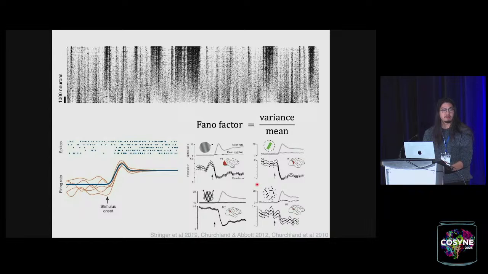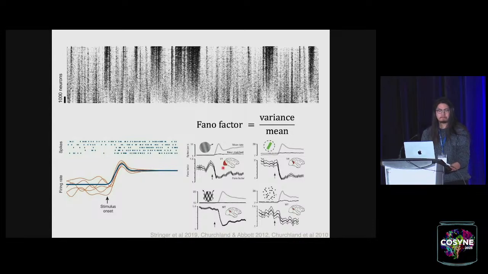We actually see the stimulus-driven quenching of neural variability across many brain regions, different stimuli, and even different sensory modalities. Because of how widespread this is, we think that understanding some of the mechanisms that drive this phenomenon might provide really important insight into a fundamental property of neurons and help us generally to better understand the brain.